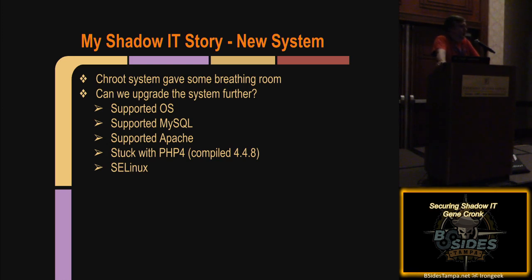Now, I do know PHP to an extent, but I also had another 150 systems that I had to support, so I did not have the time to refactor this crappy PHP 4 code into PHP 5 or PHP 7. So I ended up being stuck with PHP 4, but at the very least, I could get the latest version. Also, I loaded it up on CentOS, so I had SELinux, which I ended up leaving in enforcing mode, which helps secure the system at least a little bit.